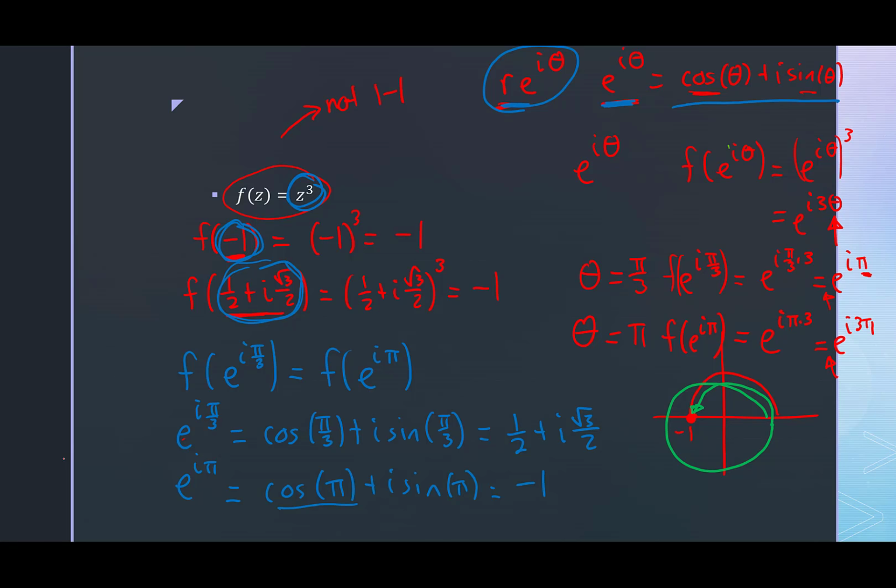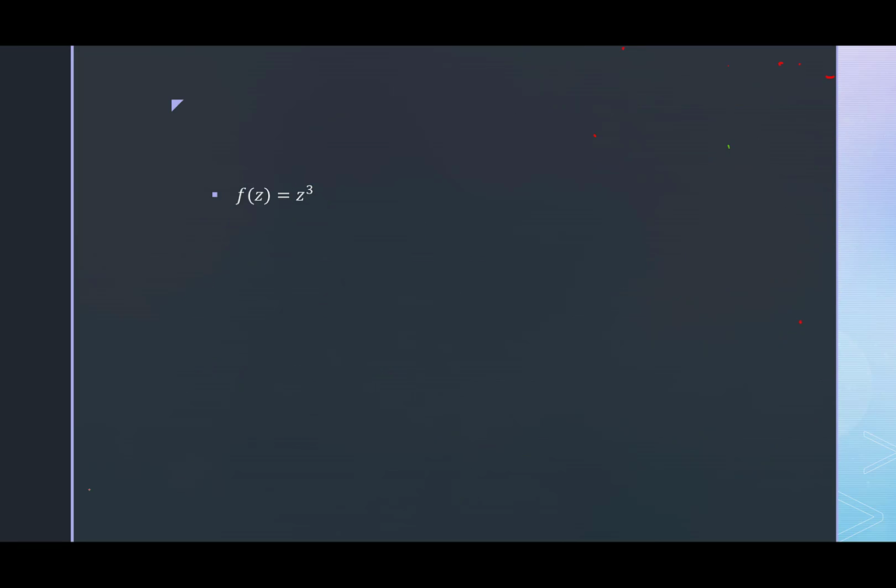However, this function, even though it's not one-to-one, it is still surjective, or onto. So let's go ahead and prove that. Okay, so to prove it's onto, let's let A be any complex number.